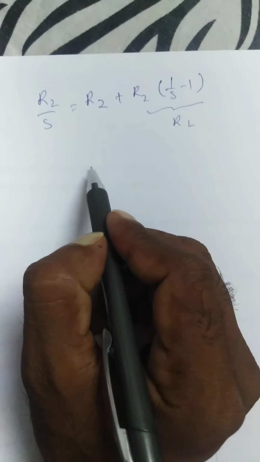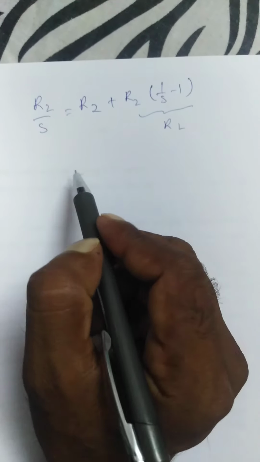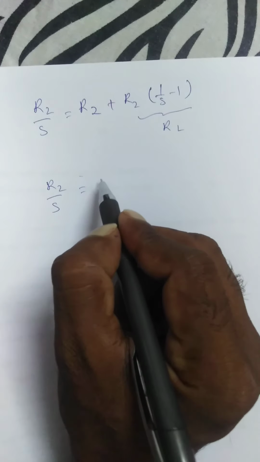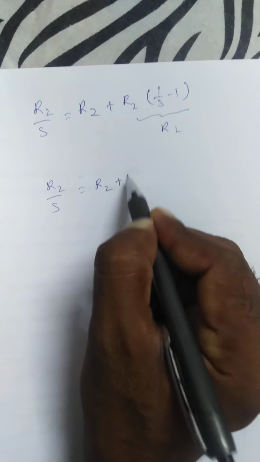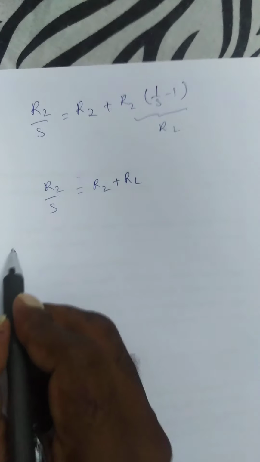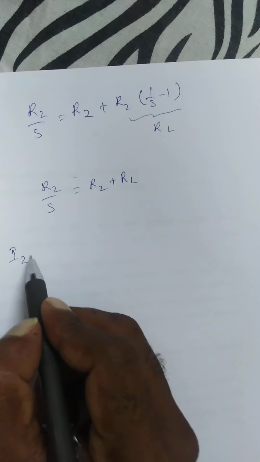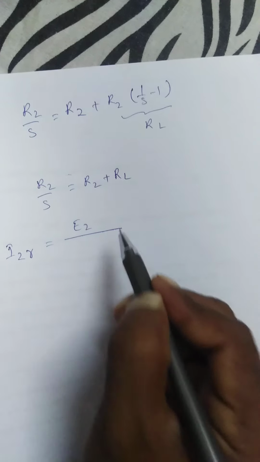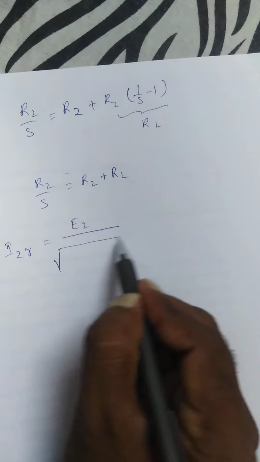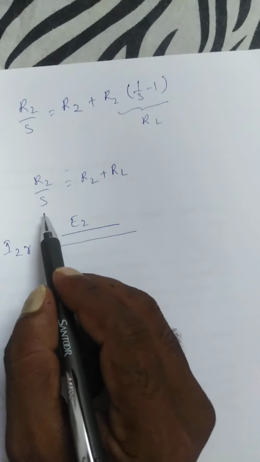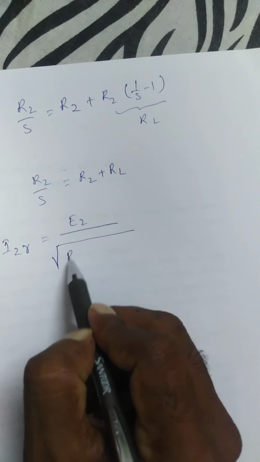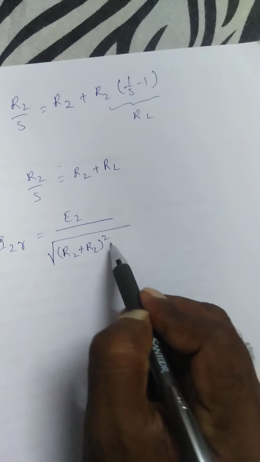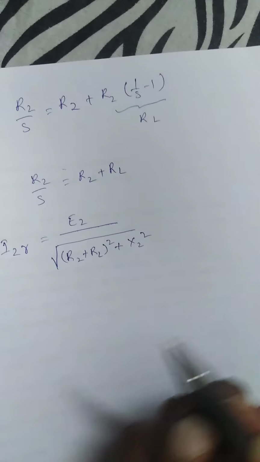So R2 by s equals R2 plus RL. Substitute this R2 by s in the above equation: I2R equals E2 by the square root of (R2 plus RL) squared plus X2 squared.